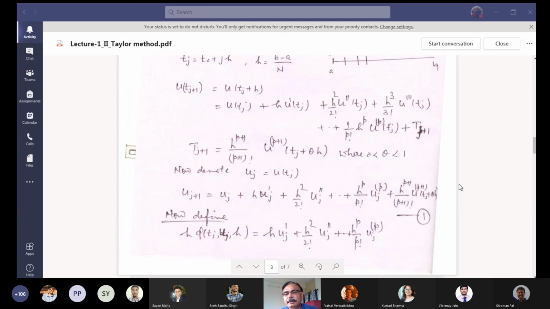Then I will move to the Runge-Kutta, the basic idea of how Runge-Kutta got the idea to find those methods, and then we'll derive the Runge-Kutta method. Meanwhile, all of you should revise the interpolation which was told to you in your Maths 1 and Maths 2.